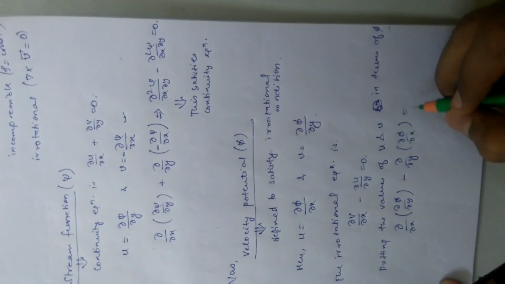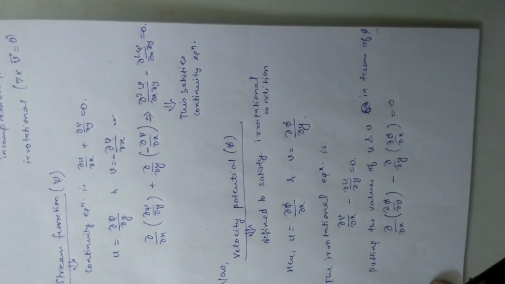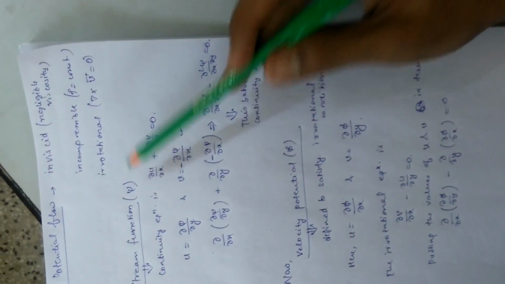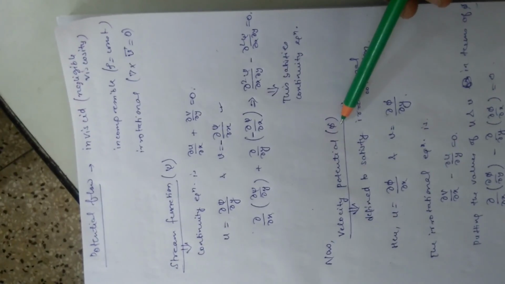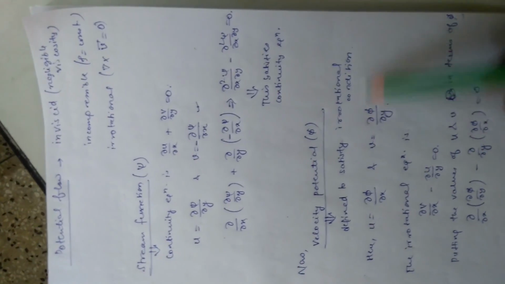We can see that this turns out to be 0 again. So we can say that stream function has been defined in order to satisfy the continuity equation, and velocity potential phi has been defined in order to satisfy the irrotational condition.